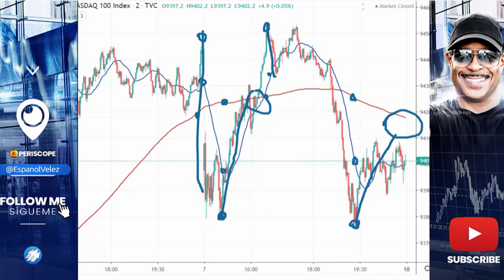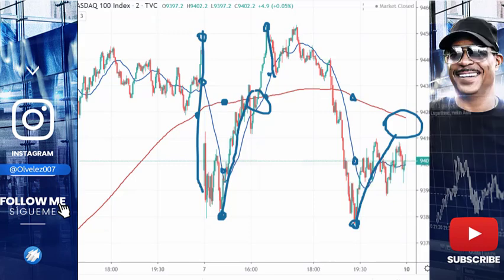And you can use this concept to really initiate some incredible plays. And you can use this concept to truly improve on your accuracy.